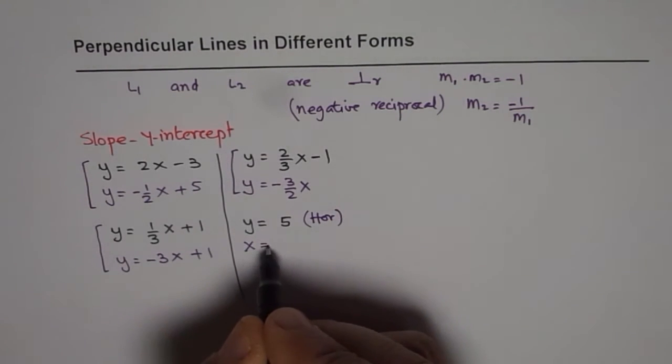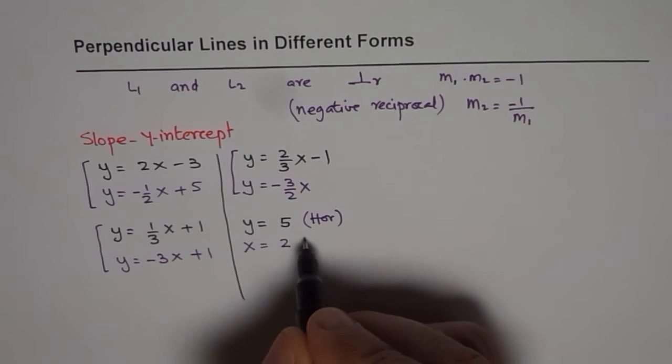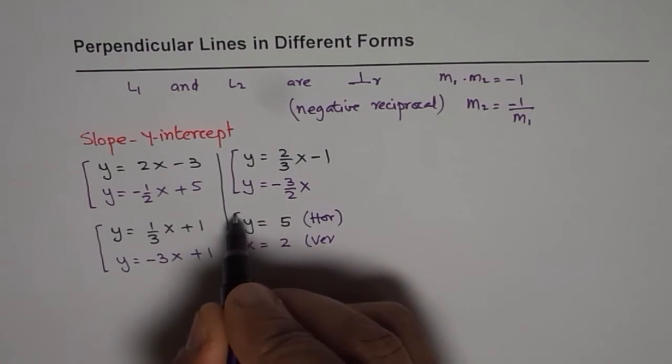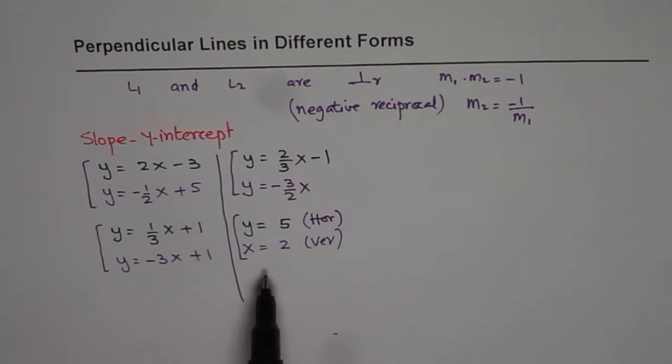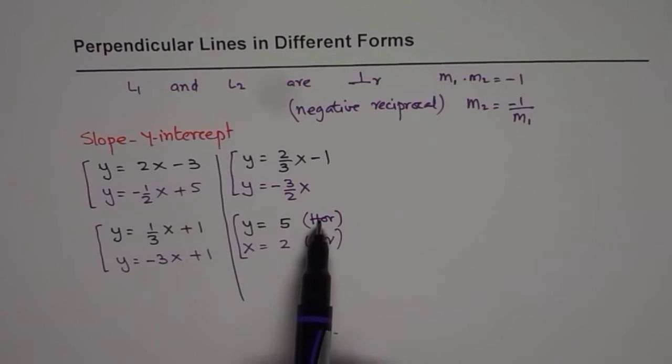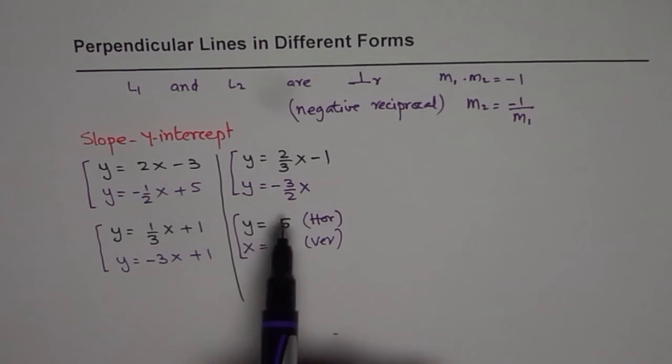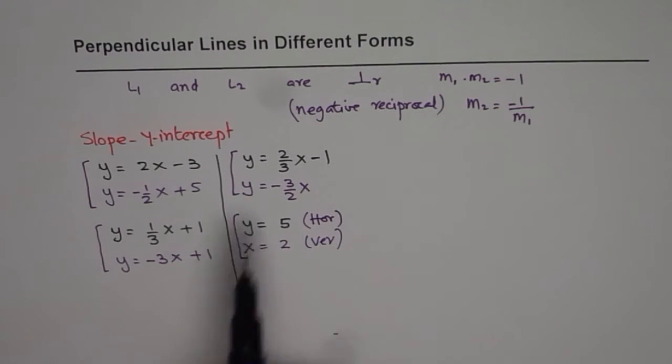So x equals something, let us say 2, will be a vertical line, and these two will be perpendicular, right? So that is important to understand. As far as the equations are concerned, horizontal and vertical lines are always perpendicular. But in case we have a non-zero slope, then the negative reciprocal will give us a perpendicular line, right? That is how it should be treated.